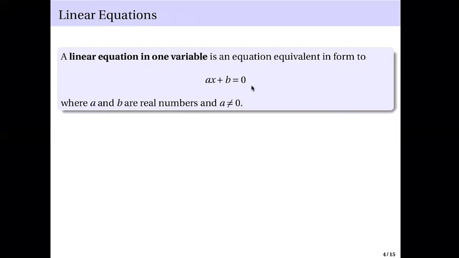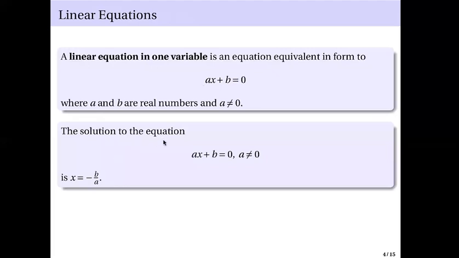Now, suppose we are able to write the linear equation in this form. The question is, how do we solve this linear equation? Well, the solution to the equation ax plus b equals 0, where a is not equal to 0, is x equals negative b over a. This is the easiest equation to solve. If your linear equation is in this form already, then the solution will just be negative b over a.